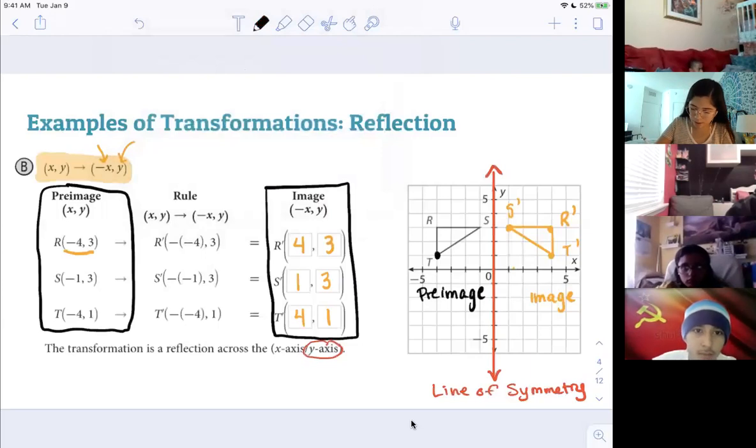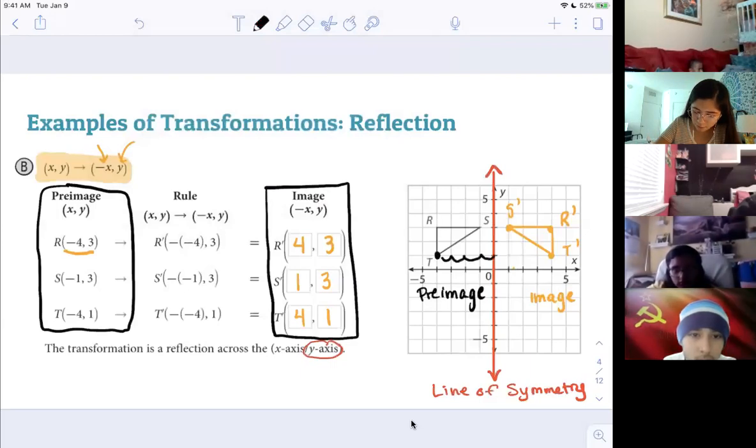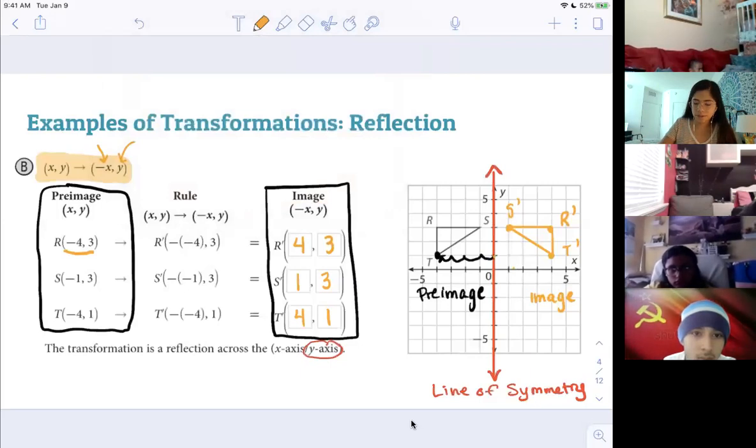Four units to the left, good. So from the y-axis, I would go 1, 2, 3, 4 to get to T. How many units to the right do I have to go to get to T prime? Also 4. So I would go 1, 2, 3, 4 to the right.